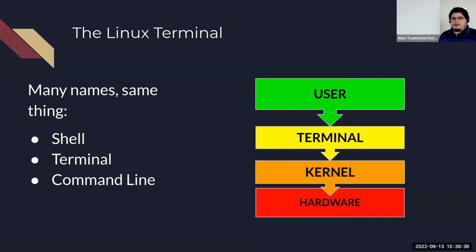Generally the progression goes: you enter a command, the terminal interprets the command into a system call. The kernel then interprets that system call and goes and does stuff on the hardware for you. And once it's done, it goes back up through the kernel to the terminal to you, and you get your output from there.